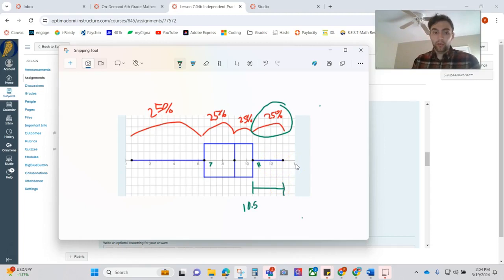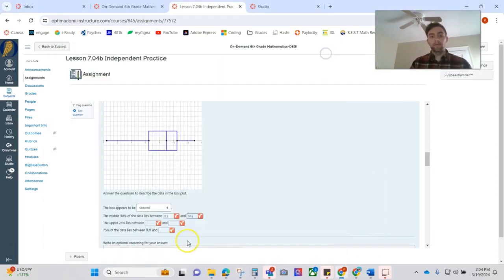This number I think would be 13. Follows the same pattern. Or no, not 13. That number would be 14. And this would be 13, because every tick mark is going up 0.5. So between 10.5 and 13 is the upper 25% of our data.